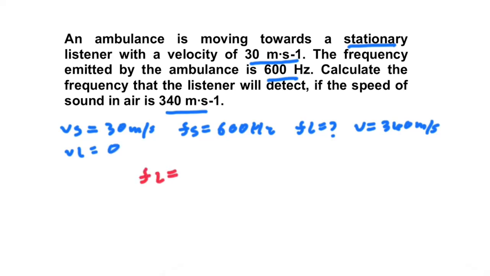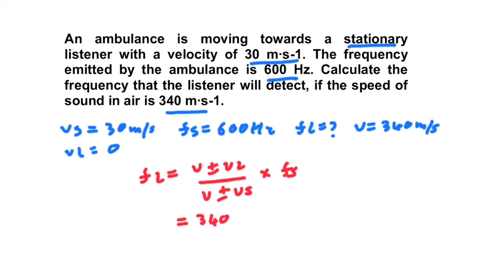So FL, the frequency observed by the listener, is equal to (V plus or minus VL) divided by (V plus or minus VS), everything multiplied by FS, where FS is the frequency emitted by the source. So V, that is 340, the speed of sound in air, plus or minus VL.